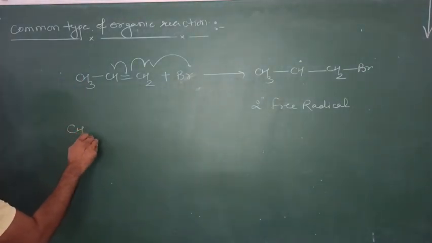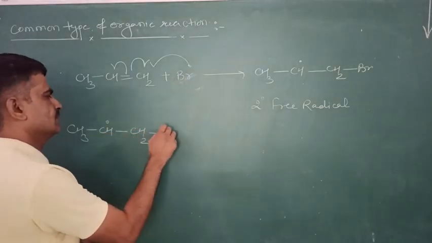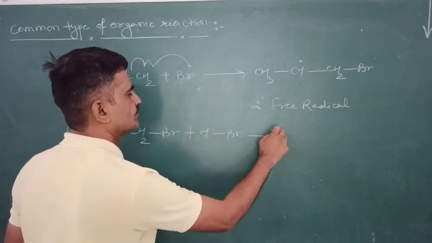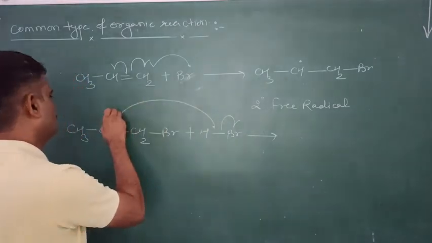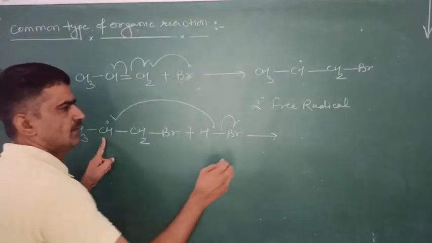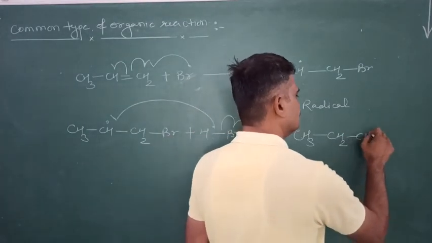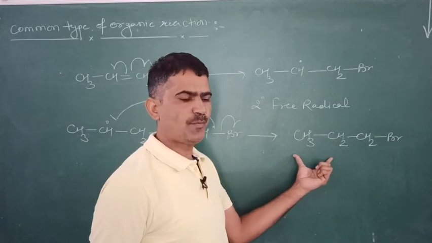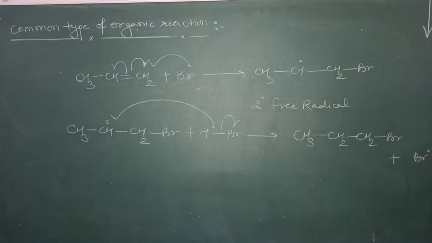Now this secondary free radical reacts with HBr. This bond will break now on this carbon. Now it forms bromopropane and a bromine free radical.